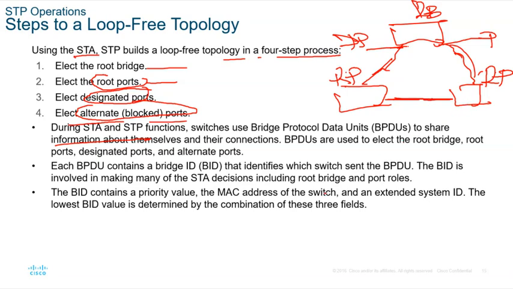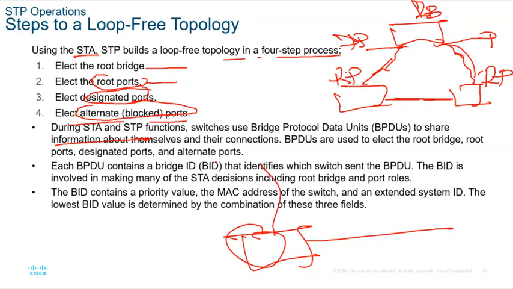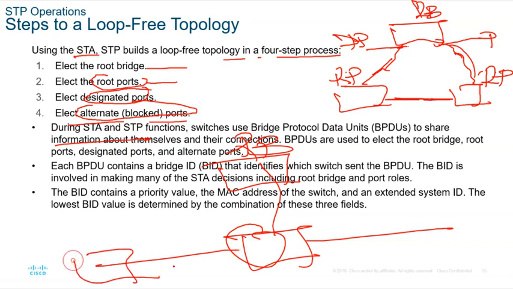Another concept you need to note is that every switch, even if it's connected to many switches, for example, let's assume this is our switch. At this side we have a switch, this side we have another, and this is the root bridge. You see, all these are switches, but this is the root bridge.